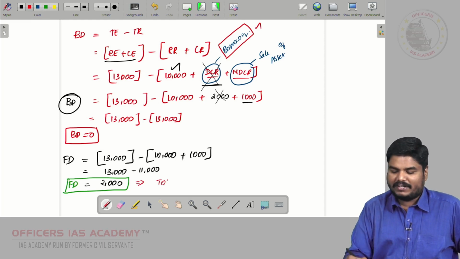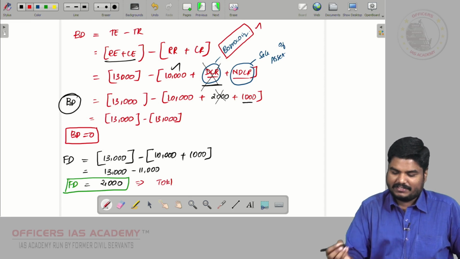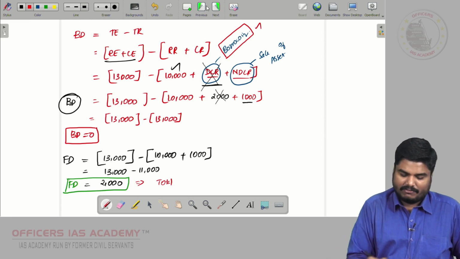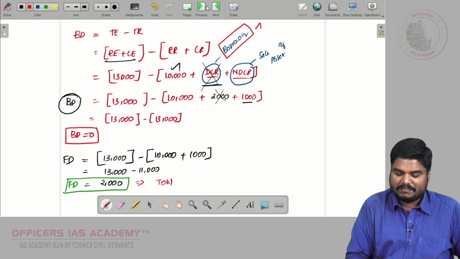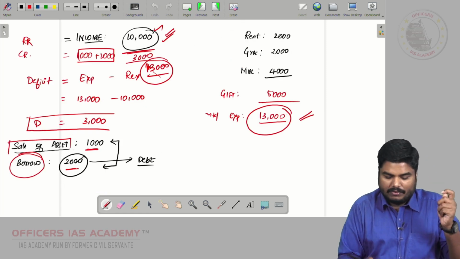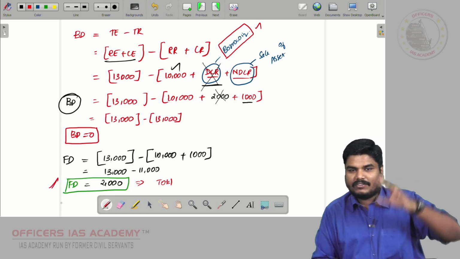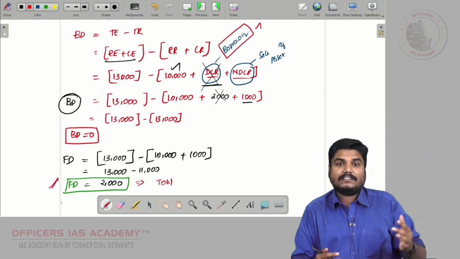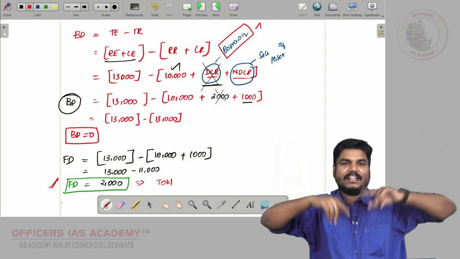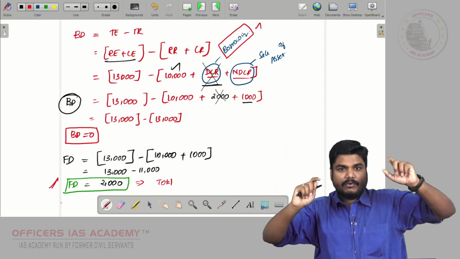So how much am I borrowing, friends? I am borrowing 2,000 rupees, here I have mentioned, right? So how much have I borrowed? I have borrowed 2,000 rupees. The borrowed amount is being clearly expressed in fiscal deficit. So what is the fiscal deficit value? That is the value the government is borrowing to meet their expenditure. That is the amount the government is borrowing.